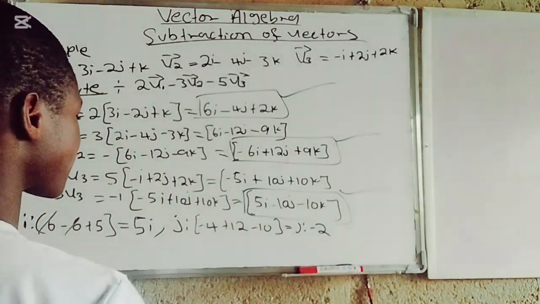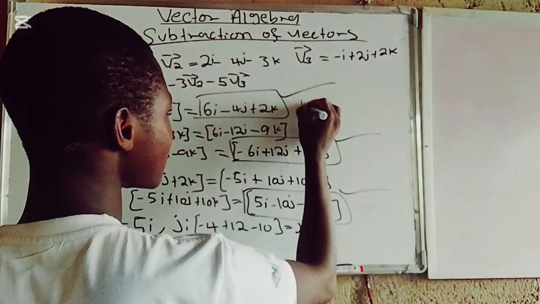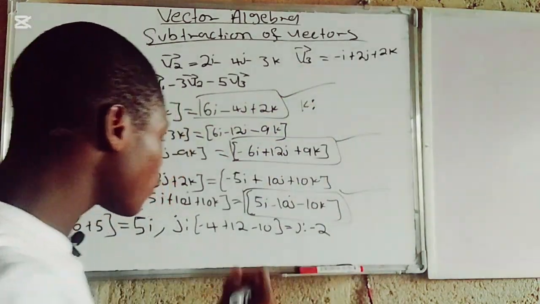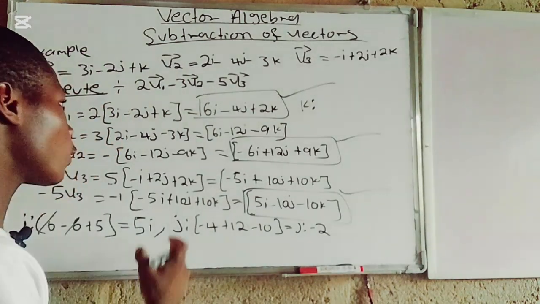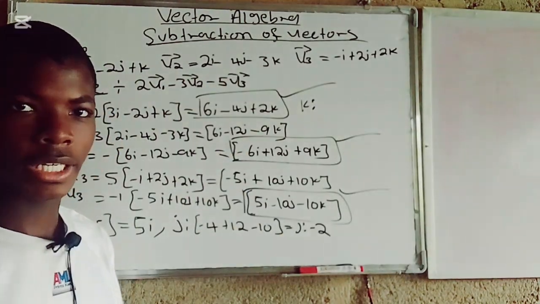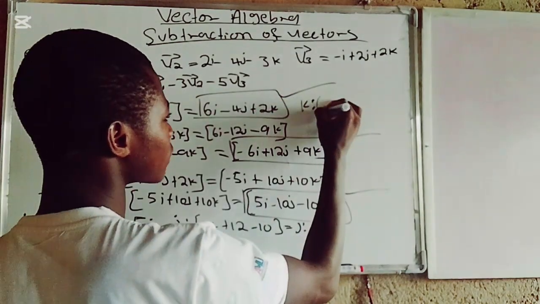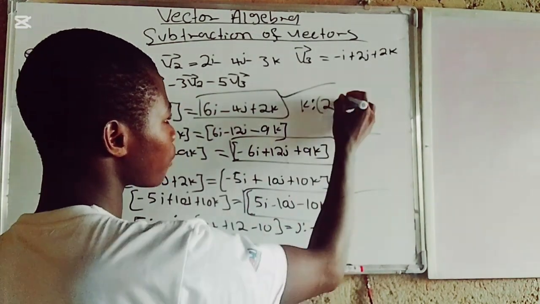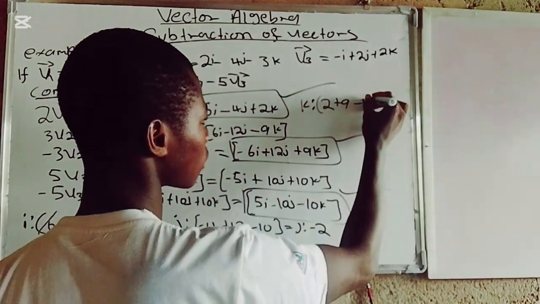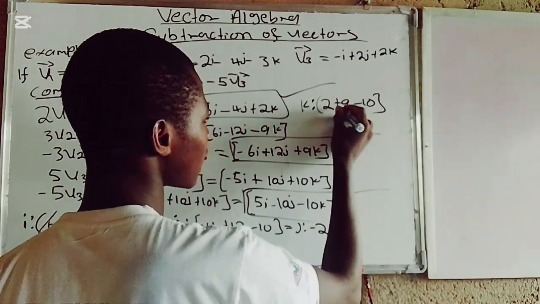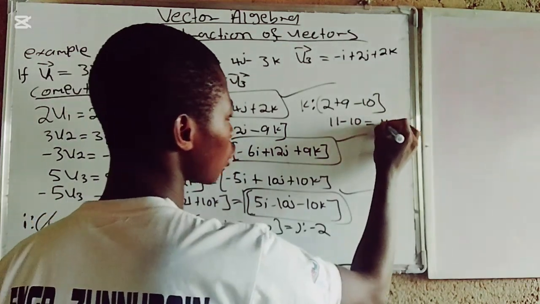The next thing is for k. What I am doing here is subtracting the values of i, subtracting the values of j, subtracting the values of k. So for k, I have 2 plus 9 minus 10. This is the same thing as 11 minus 10, which is 1, only k.